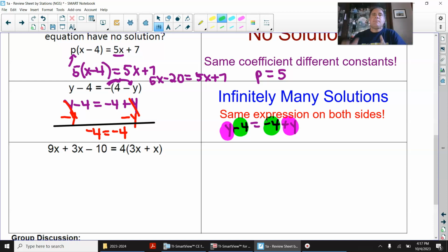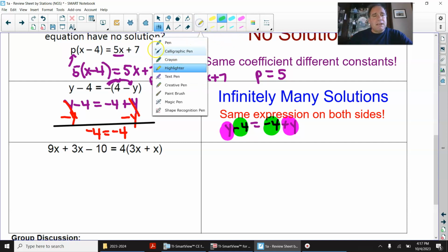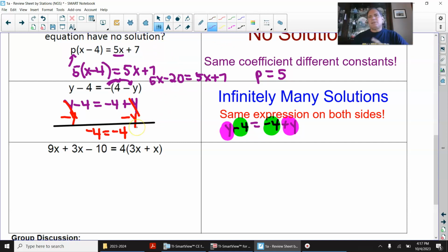It's the same thing, but it's just switched. All right, so just don't forget, same expression on both sides. If you can't see it, then just get the x's together, get the variables together on one side. If they both cancel and you have the numbers that are equal to each other, that means it's infinitely many solutions. If numbers are not equal to each other, then it's no solution.